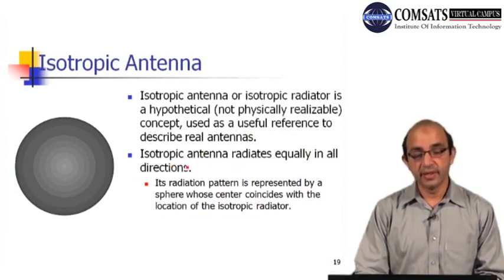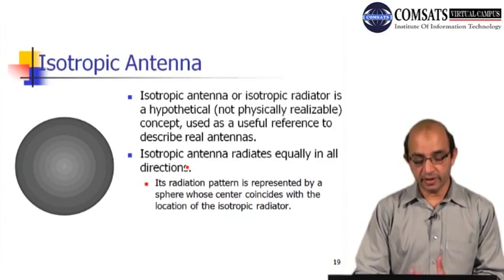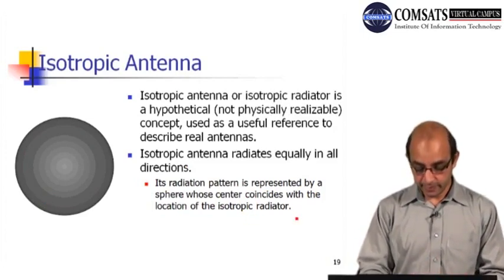We can define an isotropic antenna as an antenna that is radiating energy equally in all directions, and that is not the case when we talk about a real antenna. Its radiation pattern is represented by a sphere, as you can see in the figure on your left hand side, and whose center coincides with the location of the isotropic radiator.